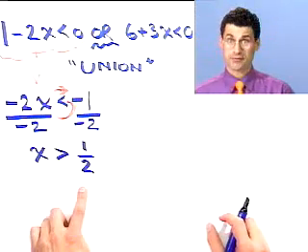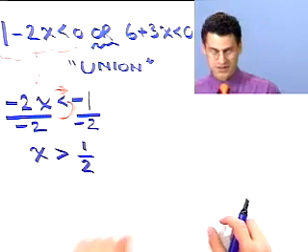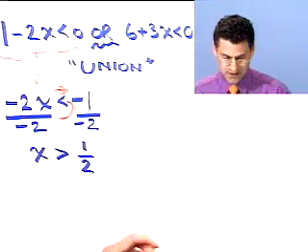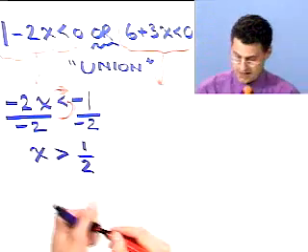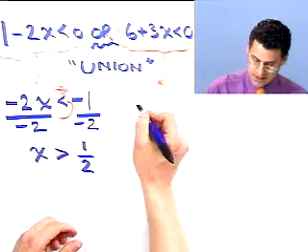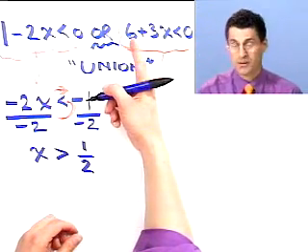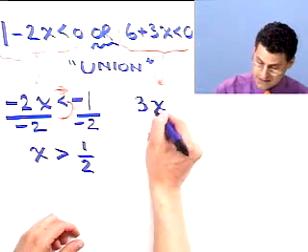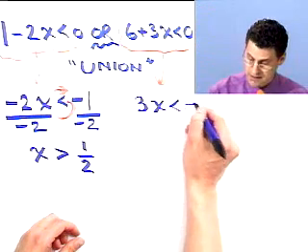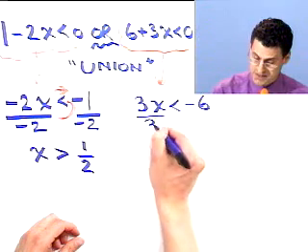x is bigger than a half. Okay, what's the solution to the second inequality? Well, let me now solve this. If I bring the 6 over by subtracting 6 from both sides, I'd see 3x is less than negative 6. And now I divide both sides by 3.